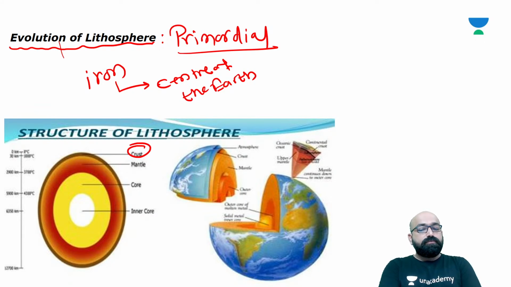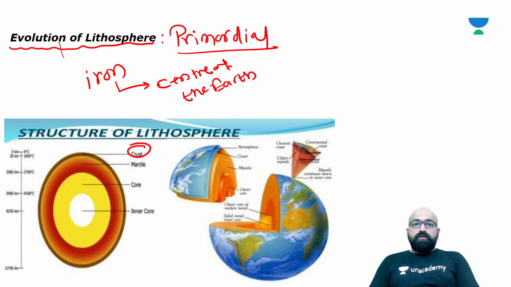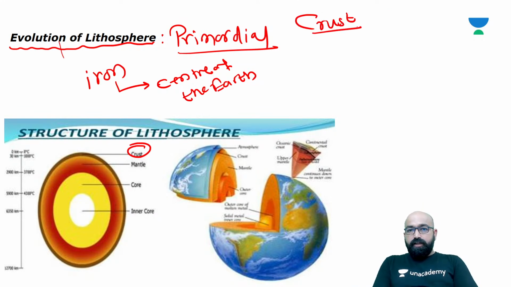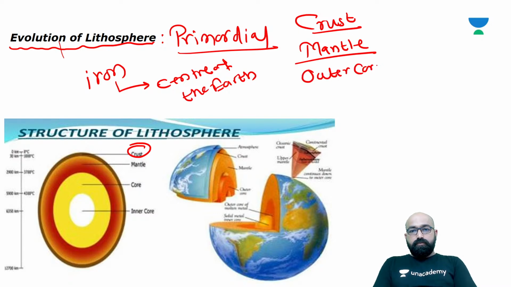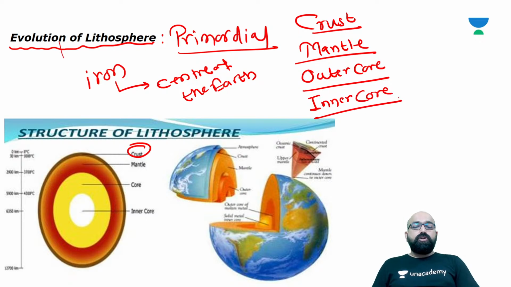So starting from the surface to the central parts, we have layers like crust, mantle, outer core, and inner core.